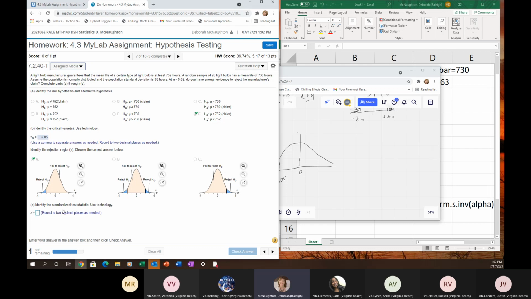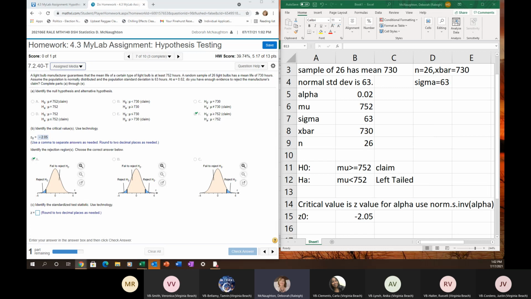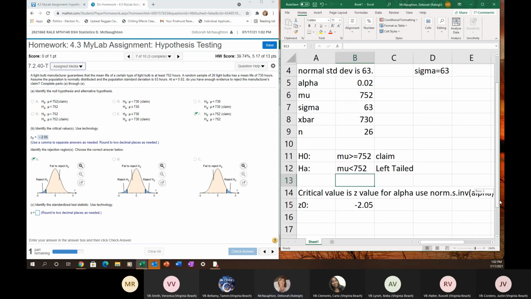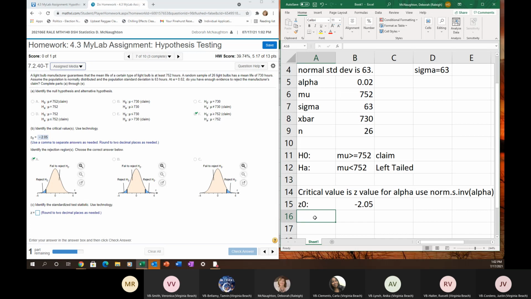Okay, and then it says identify the standardized test statistic. So that's the one that we calculate. We just call that one Z, and that is the standardized test statistic.